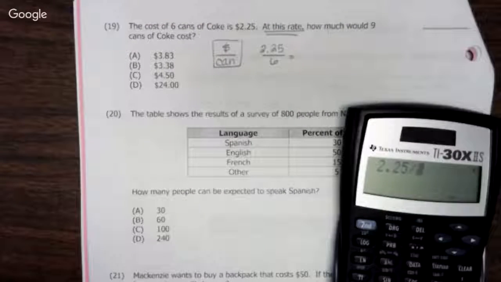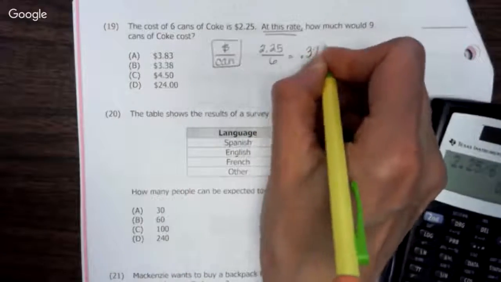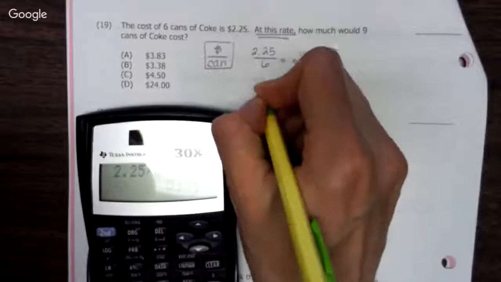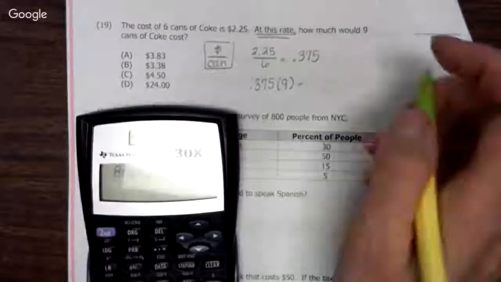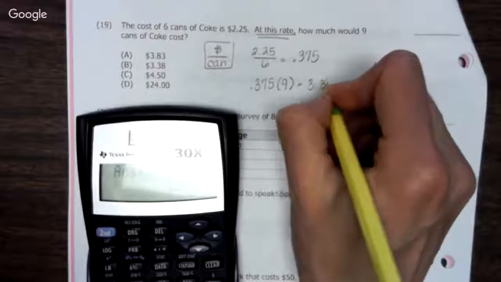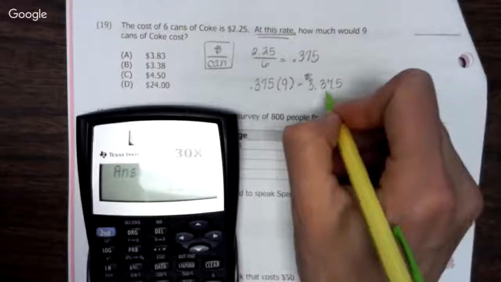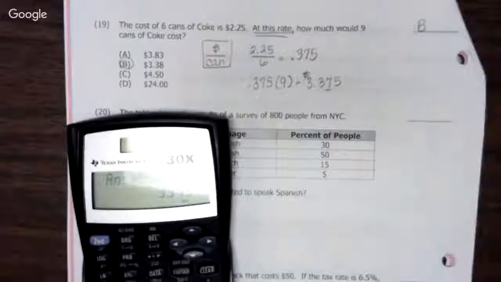So $2.25 divided by 6 means that it's 0.375 dollars per can. Now I'm going to take that number and multiply it by 9, which gives us $3.375. We're talking about money though, so that would actually be $3.38. Choice B.